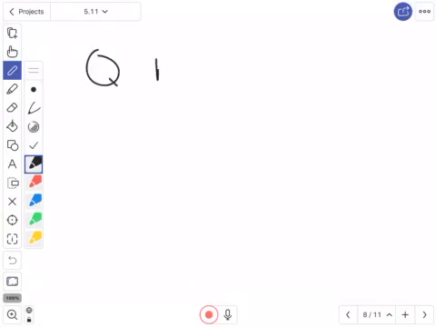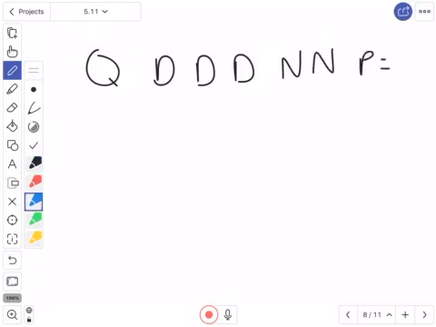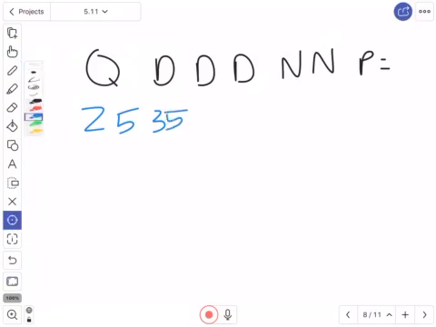I'm going to do just a few more for some practice here. So quarter, dime, dime, dime, nickel, nickel, penny. Remembering that a quarter is 25, so 25, then dimes are 10. 35, because it's just the tens place that's changing, so 25 to 35.